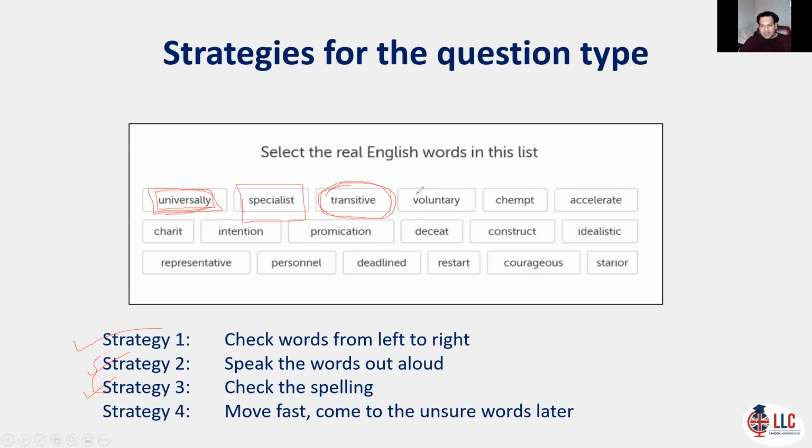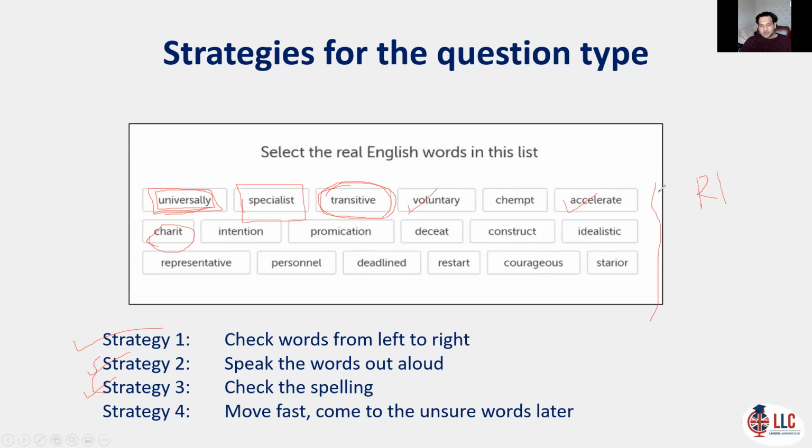Don't spend time on it now, but answer the other words and move along, because you get only 1 minute to answer this question, and it's not a lot of time, and you have a lot of words here, right? So keep on moving fast, and whenever you find a word which you're unsure of, come back to it later on. So in round one, I'm saying it as round one.